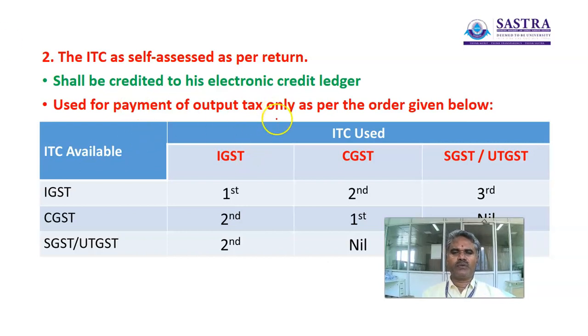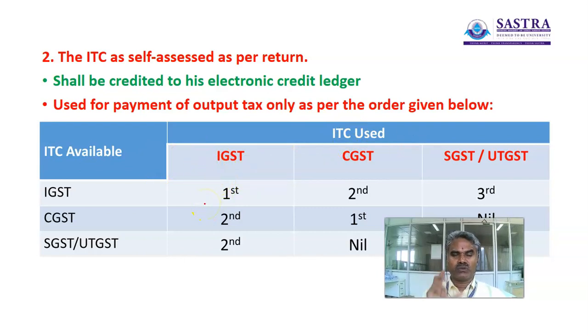Used for payment of output tax only as per the order given below. Here, assume that you have GST payable. You have some dues. You have a liability to pay GST. These are all the ITC available.